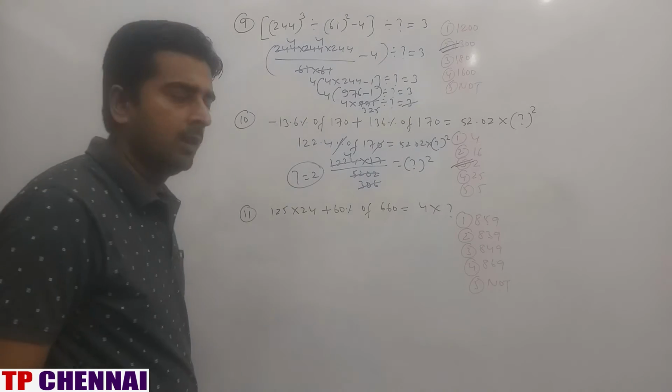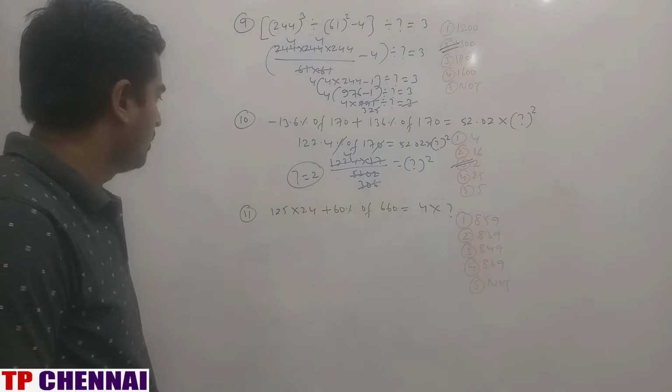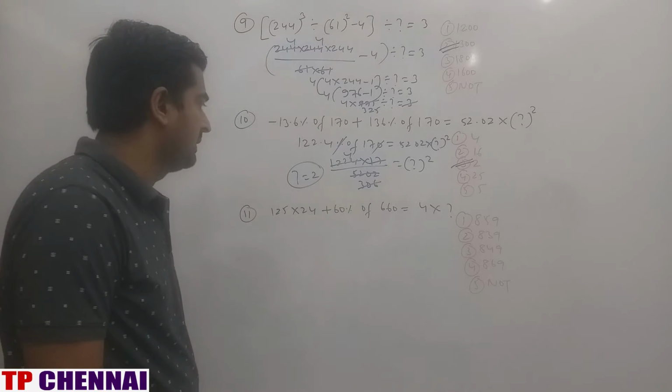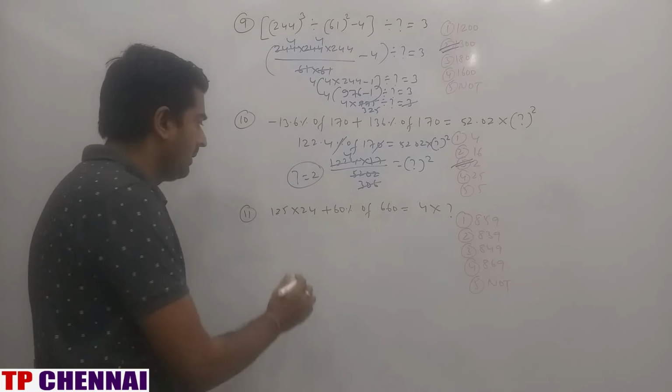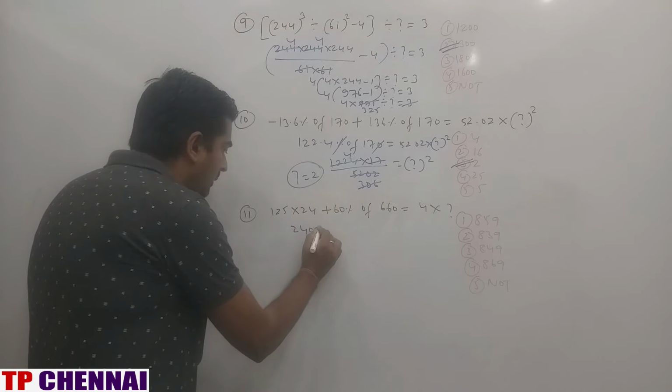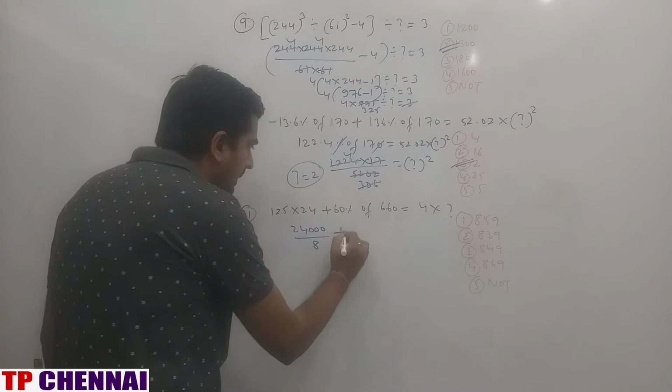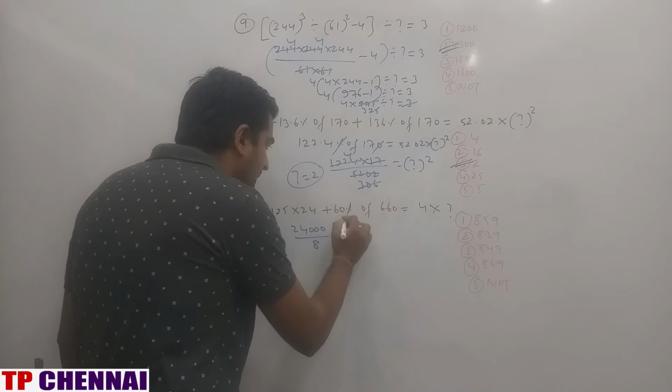Then 11th one, 125 into 24 plus 60% of 660 is equal to 4 into question mark. How to multiply number by 125? Add 000 and divide the number by 8. 60% of 660. So percent 00 is gone.